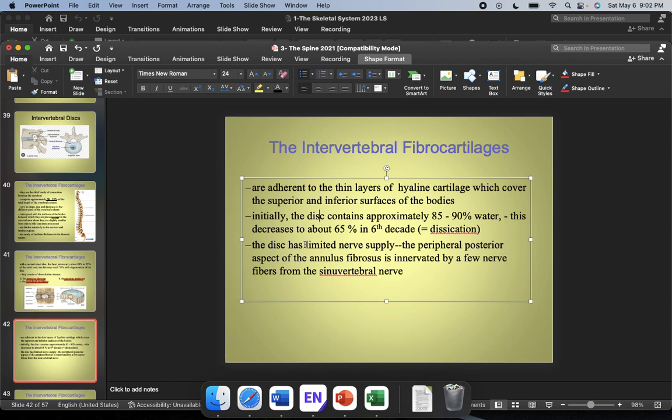The outer edges of the disc receive some innervation and also have some vascularity, but as you move into the disc, they become progressively less innervated and vascular, and as you reach the nucleus pulposus, it is essentially a non-point.